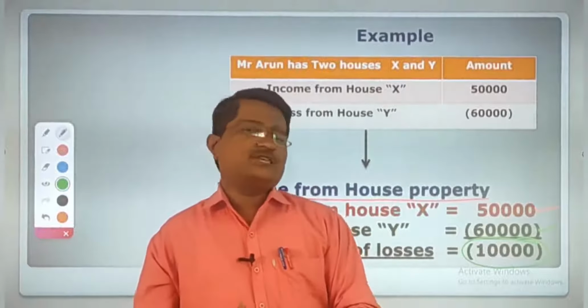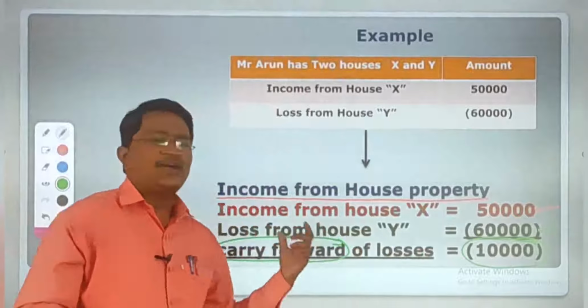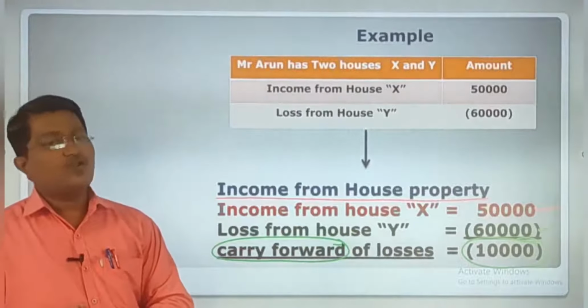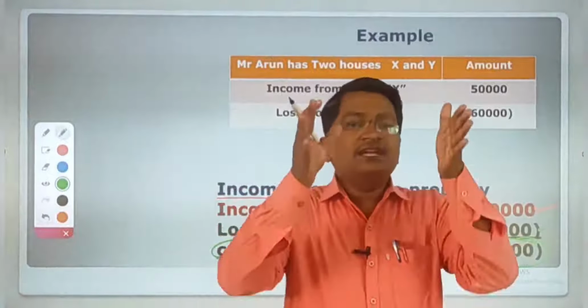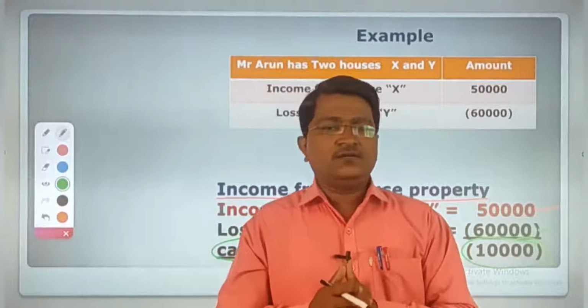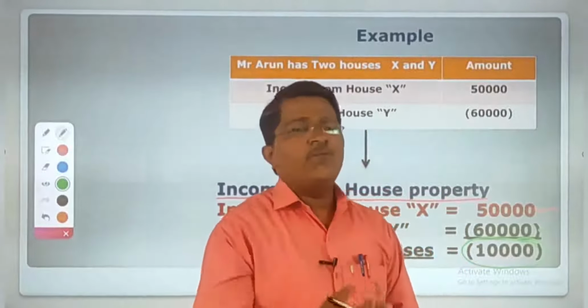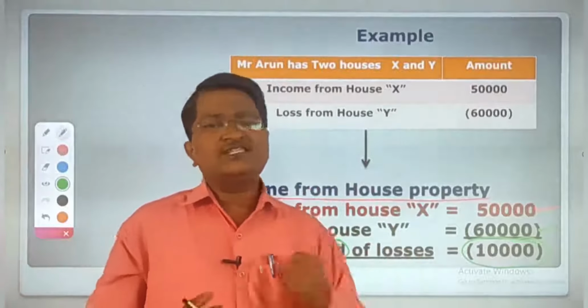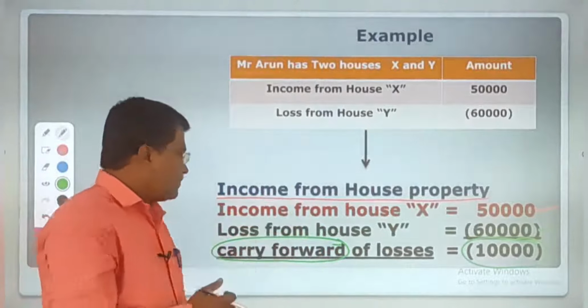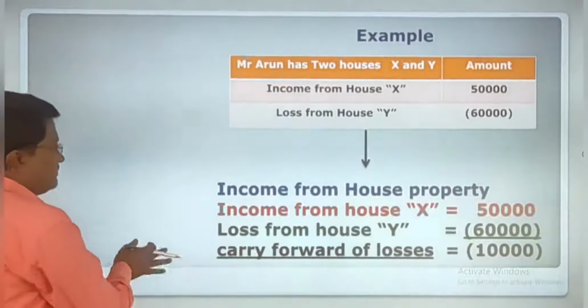So that process we call set off and carry forward of losses. So I hope the title of the unit is clear, right? Now we move to the next two terms often used in this chapter, right? So let's move to the next term.